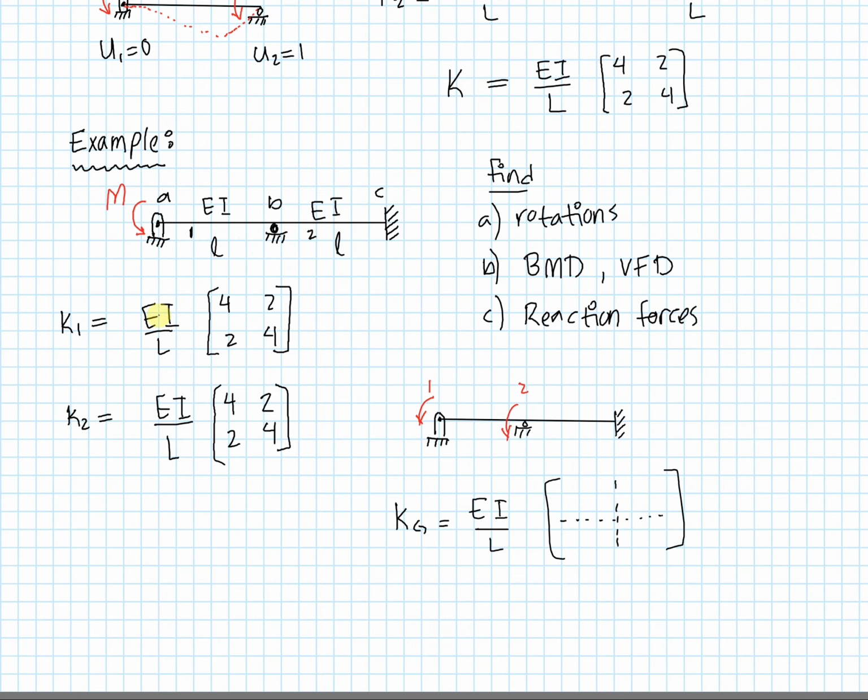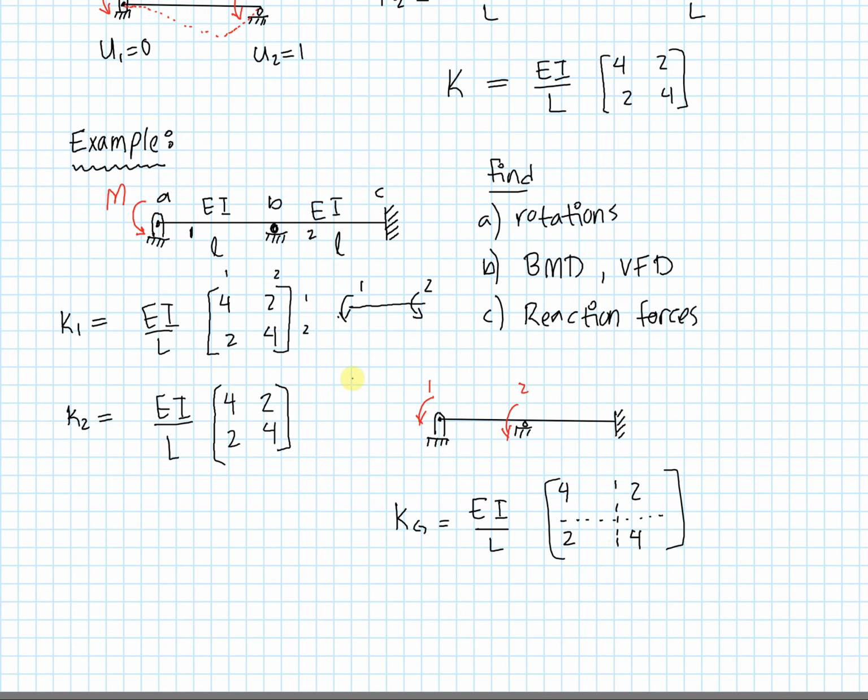In the first member, I got the following relevant degrees of freedom. I got 1, 2, 1, 2. Because when I draw my local element and I overlap the global degrees of freedom on my local element, I get 1 and I get 2. Okay, so let's put those in. We got 4, 2, 2, and 4.